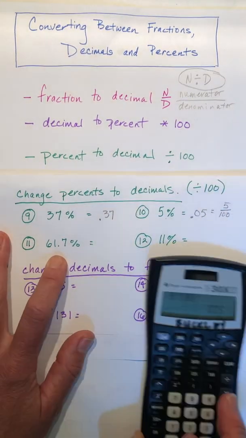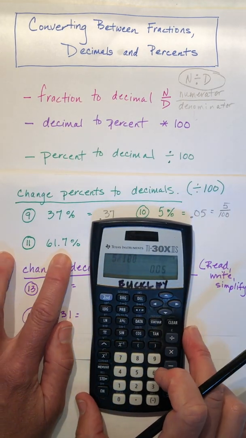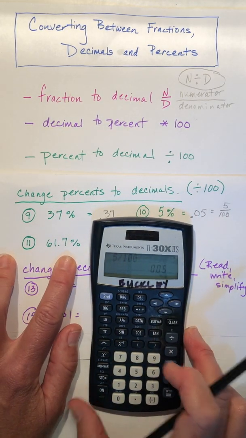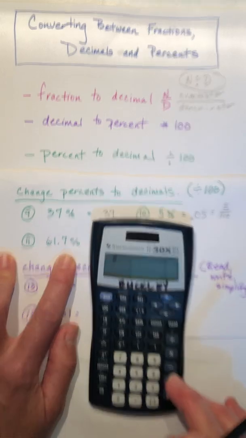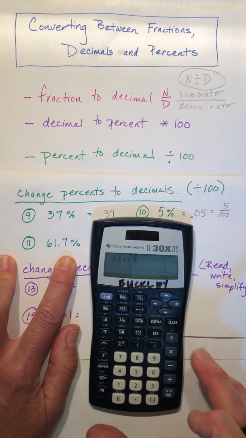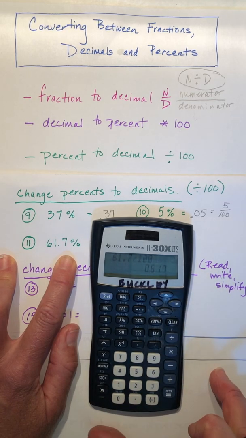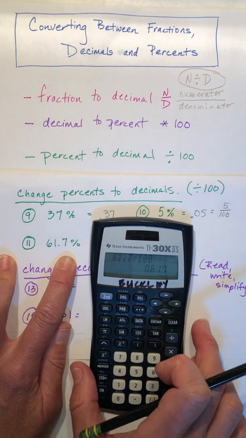Okay, let's try changing 61.7% to a decimal. So I'm taking my 61.7%, I divide that by 100, and I get 0.617.